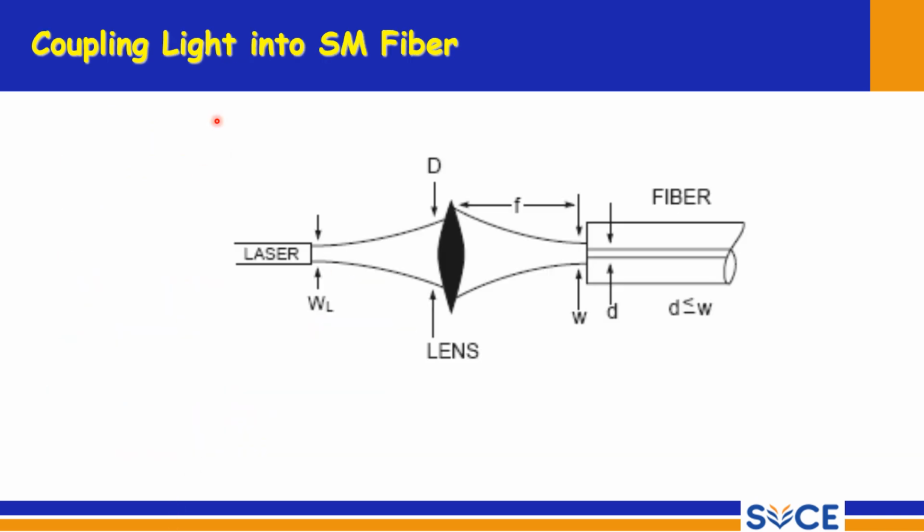So coupling light into an SM fiber, that is single mode fiber. So this is the laser. This is the width of the laser, and this is the diameter of the laser, and this is the lens. This is the focal length, and this is the width of the aperture, and this is the diameter d of the aperture, and this is the width of the rays.